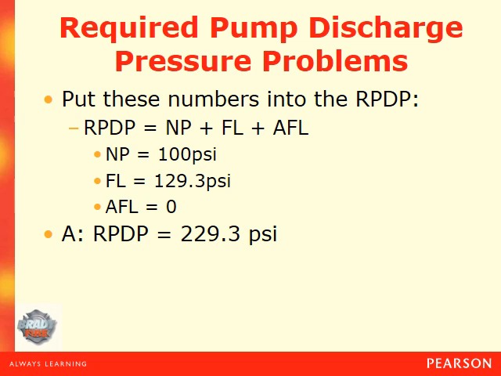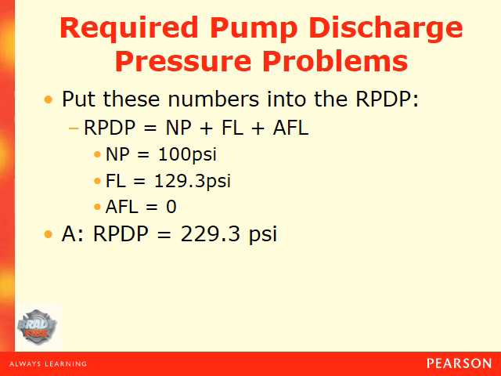So our nozzle pressure they gave us is 100 psi. Your friction loss is going to be 129.3 psi. And then, of course, you add those together, and that gives us 229.3 psi.